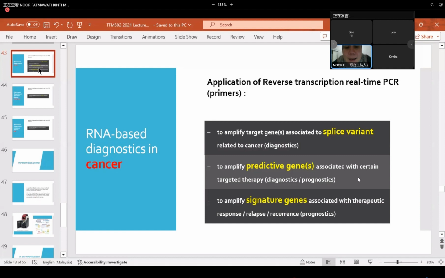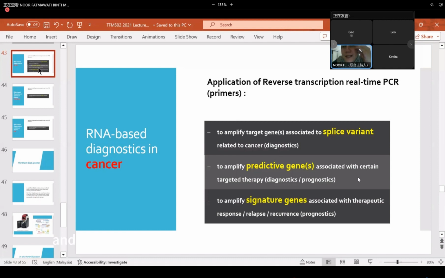For diseases like cancer, which is non-communicable, we use predictive assays, predictive diagnostics, to assess whether a patient will benefit from a particular drug.